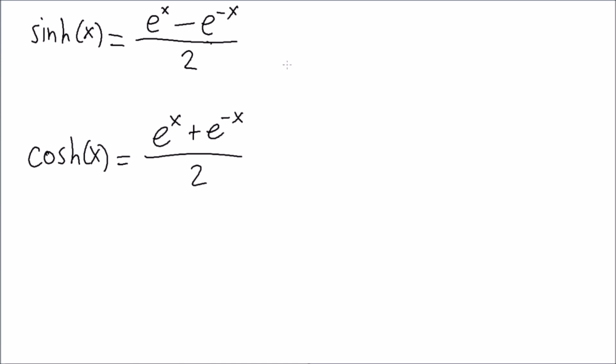It's a little easier than regular trig functions because when you differentiate, the derivative of sinh of x is cosh, and the derivative of cosh goes back to sinh x, right? There are no alternating signs. It's always positive.